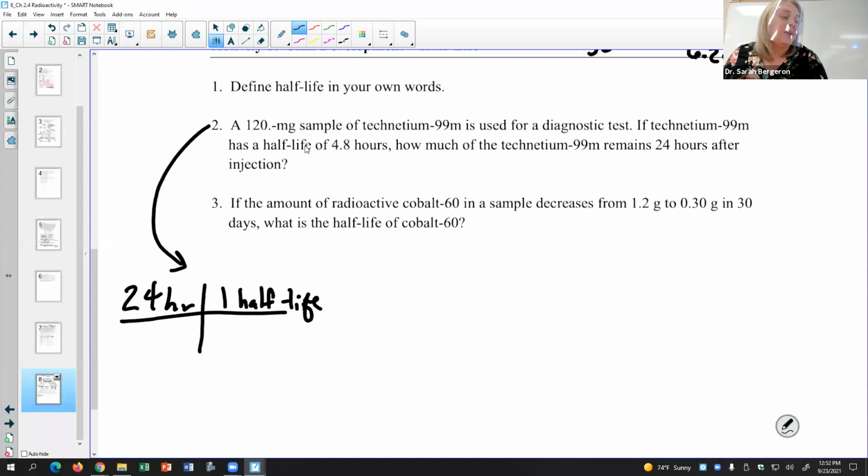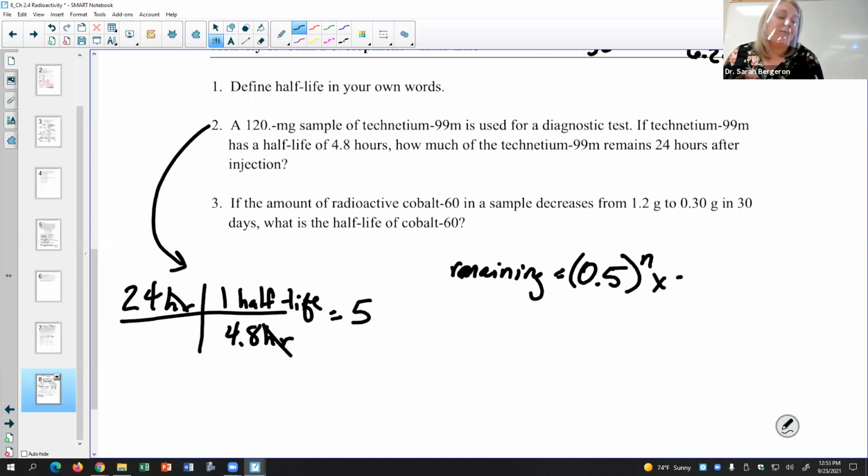All right, Fe is 4.8 hours. So my hours cancel. What do we got? It's another 5, right? So now you do that same formula. Your remaining is equal to 0.5 raised to the n times your starting amount, right?